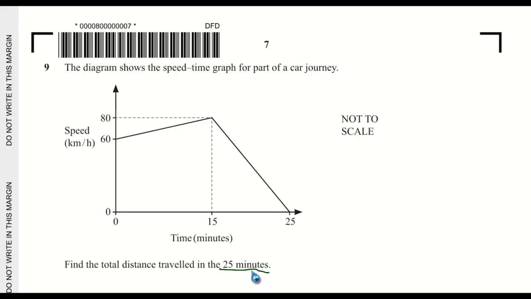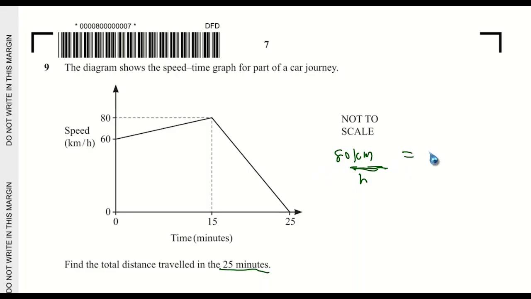You want to find the distance in 25 minutes, but the speed is given in kilometers per hour. So let's convert 80 kilometers per hour, replacing an hour with 60 minutes because we want everything in minutes.